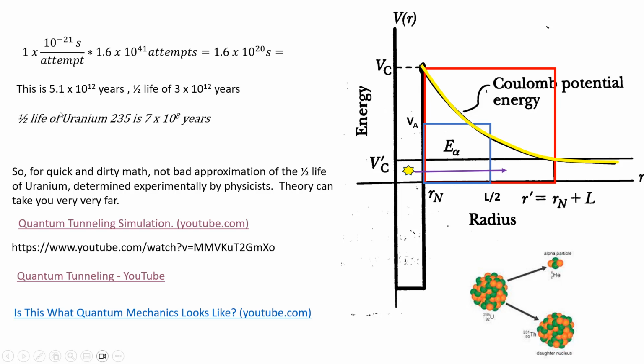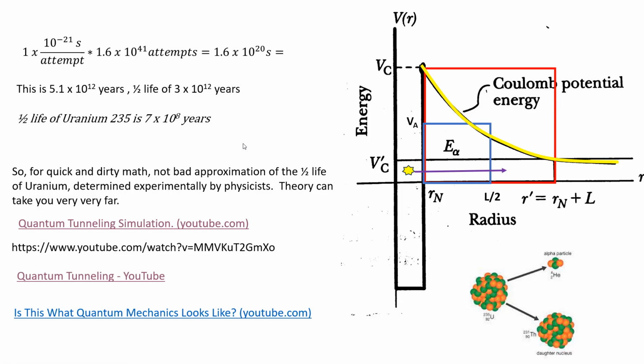We know the half-life of uranium-235 is about 700 million years, so it's off by a factor of about 1,000 to 10,000. But again, we used a box potential to estimate this Coulomb potential, so I knew it would be off. Still, it just goes to show you it can be done, and it is a large number.